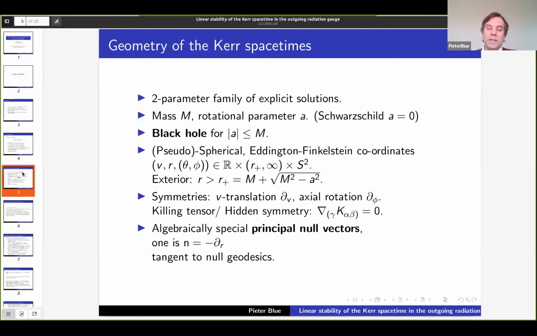So that makes the Kerr spacetime algebraically special. And in the choice of coordinates that I've made here, the ingoing principal null vector is just minus partial r. And these are not merely null vectors, but they sweep out null geodesics, which is going to be an important property that we come back to later.